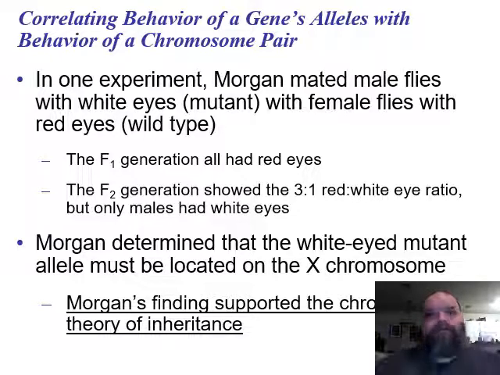Mate them. F1's all dominant, F2's 3-to-1 ratio. Repeat, repeat, repeat. Held up until they came across an exception. The exception to Mendel's rules, Mendel's laws, his ideas, happened to be an eye color.